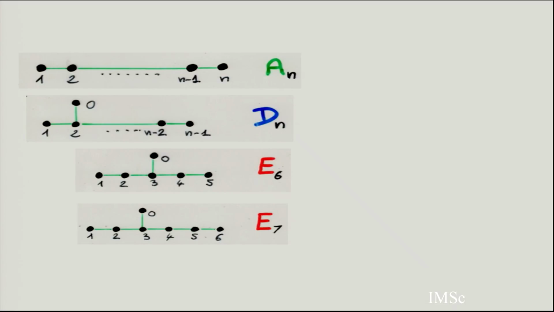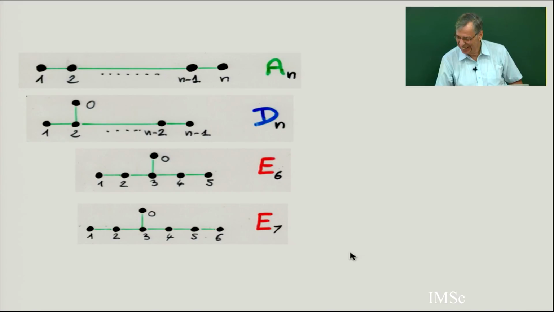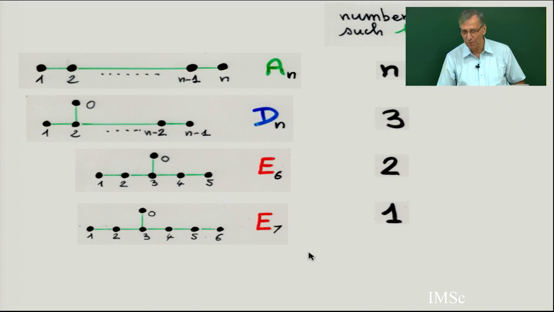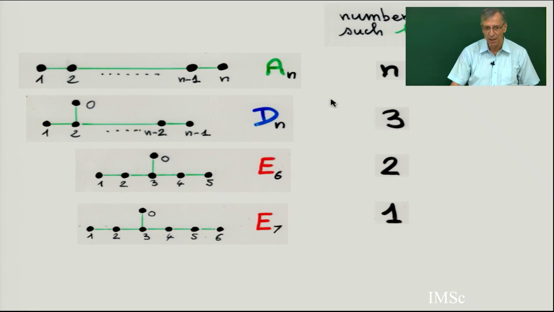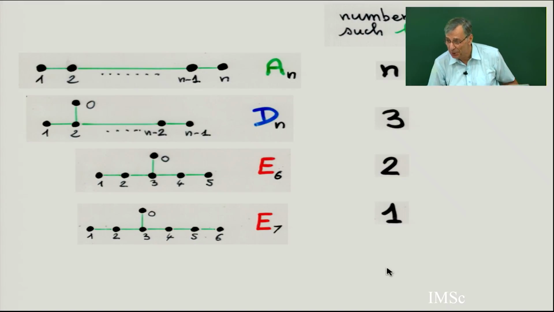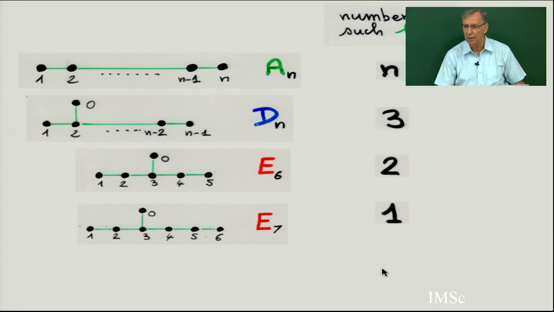That's all, not even E8. I will discuss this later. And then the number of such heaps: for A_n there are n heaps, for D_n 3, E6 2, E7 1, E8 is 0. So there are no such heaps for E8.